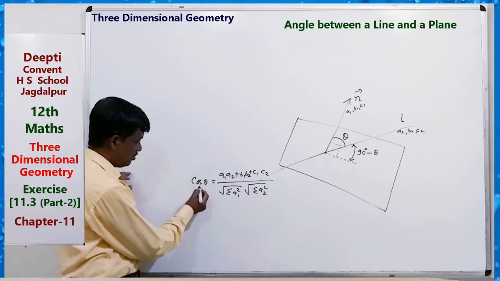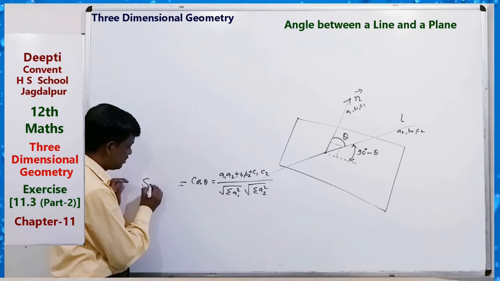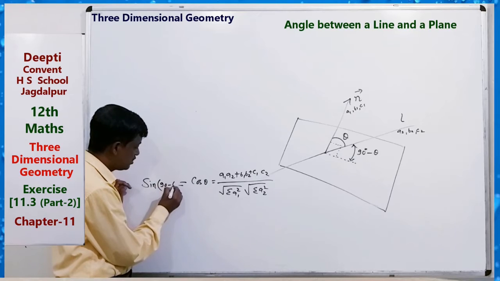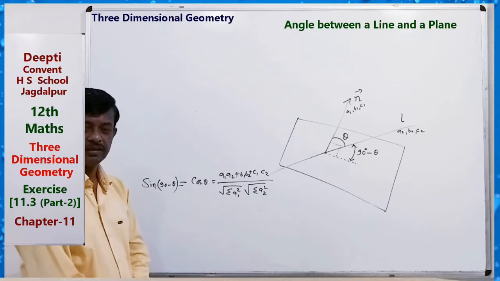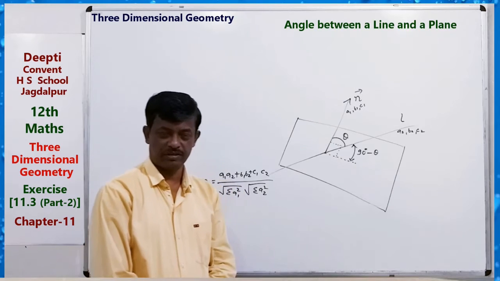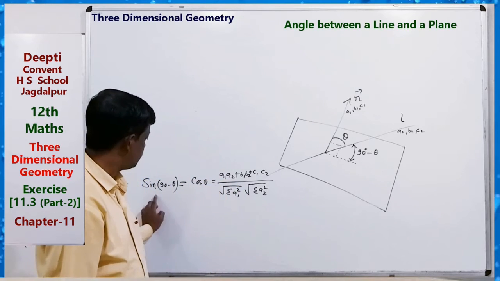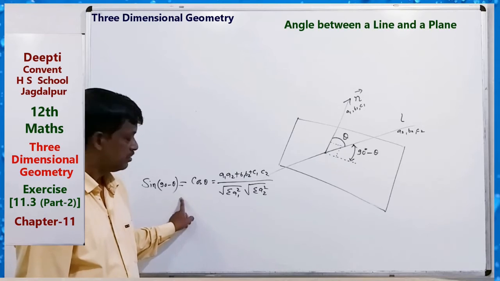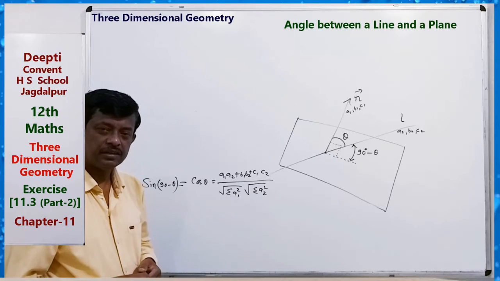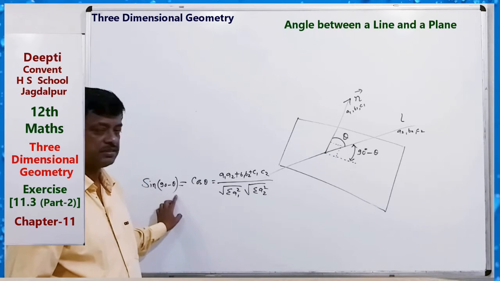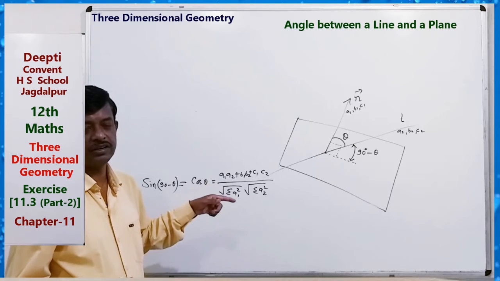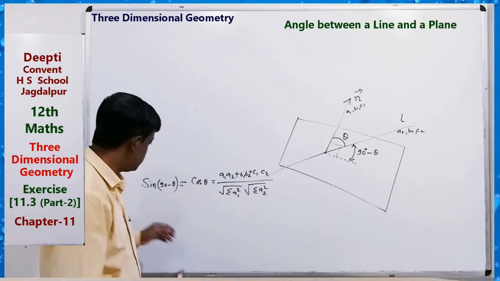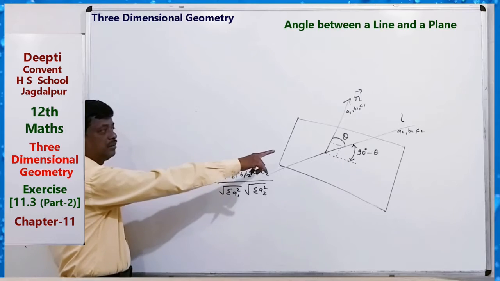We know sine of 90 minus theta equals what? Sine of 90 minus theta equals cos theta. Sine of 90 minus theta changes to cos theta, and in the first quadrant it is positive. This is the angle between line and plane.